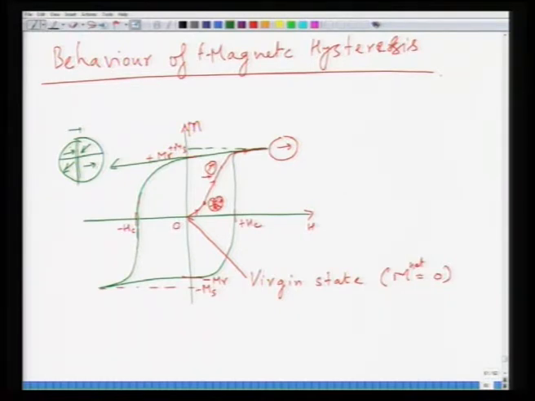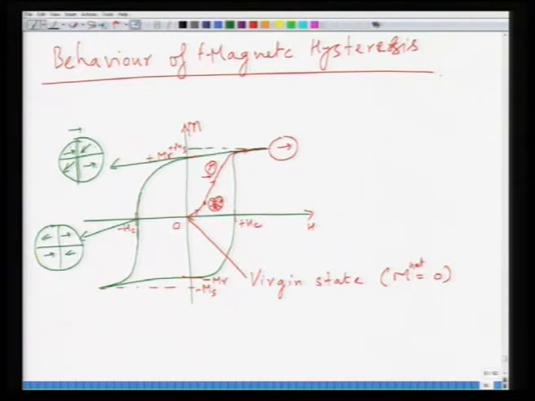Now, when you want to go to this state, which means you have 4 equal quadrants, let us say you have a picture like this, and this means that net magnetization is equal to 0. Now, how would this occur? This would occur by some sort of movement of domain wall. How the domain walls move, I will come to a little later. It has to happen by shrinking of these domains which are favorably oriented, or nucleation, or some other mechanism.